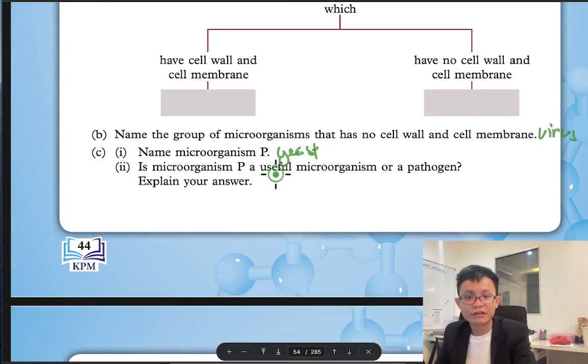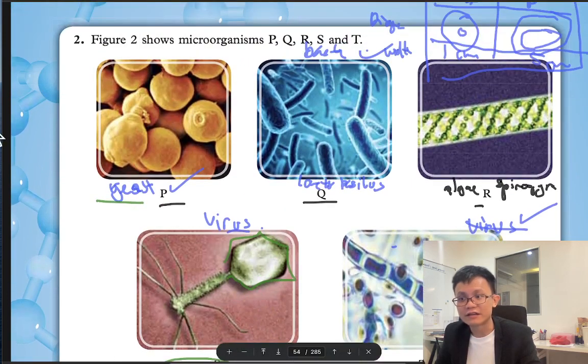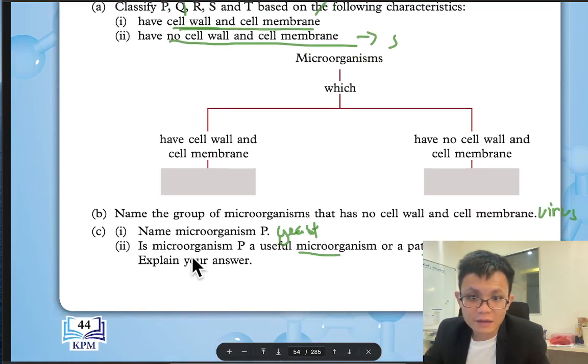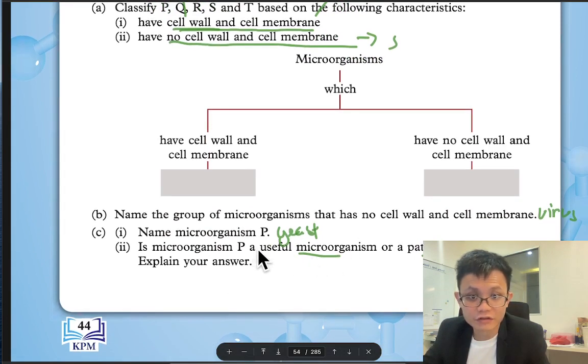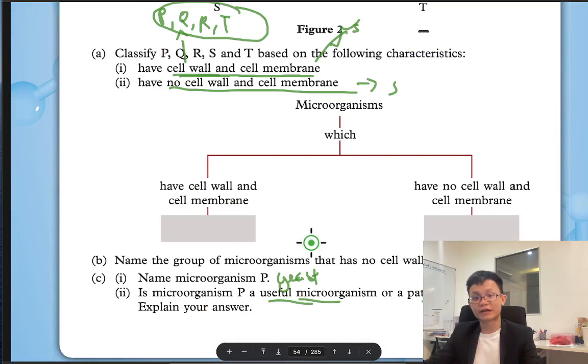Is microorganism P a useful microorganism or a pathogen? Explain. So is yeast a good thing or is it a pathogen, a bad thing? So we will say that P is a useful microorganism, okay?